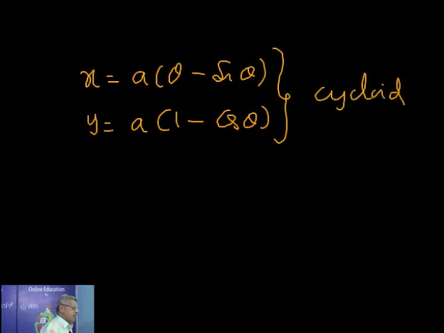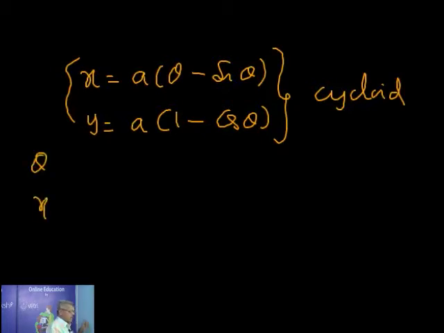Directly I am giving the parametric equations because the actual Cartesian equation of the cycloid is not easily obtained. There is great difficulty eliminating theta from these two equations to find a relation between x and y. It is tedious, and to avoid that, we take the parametric equations directly for a cycloid.